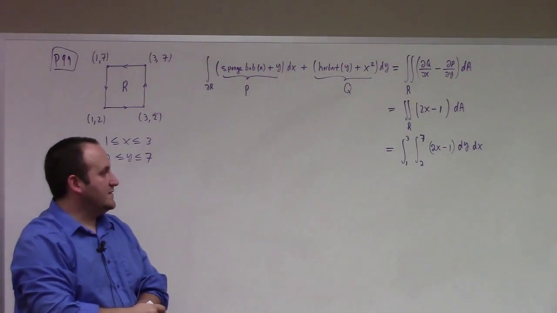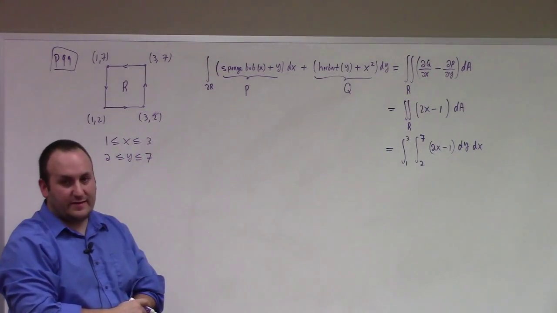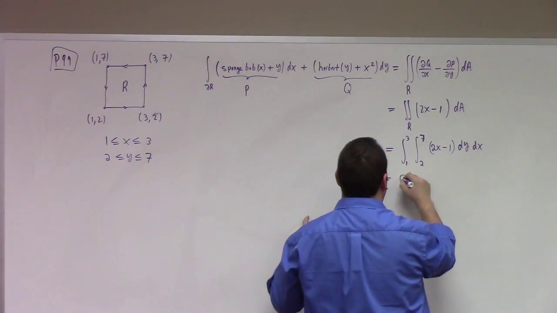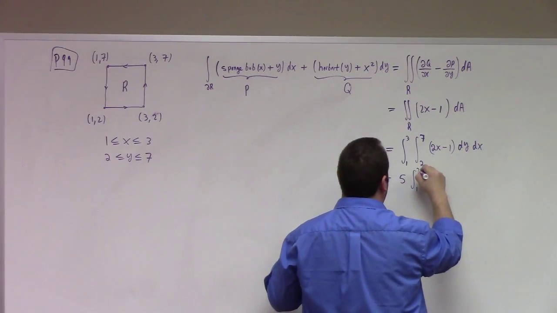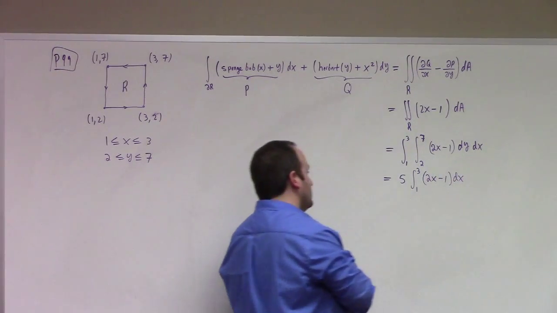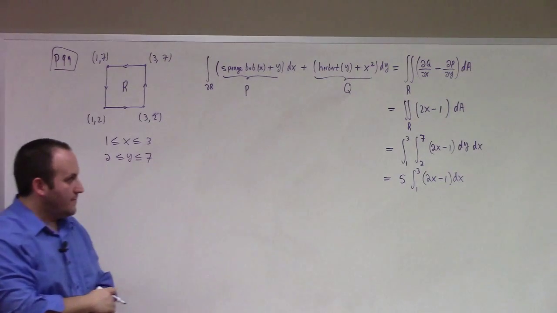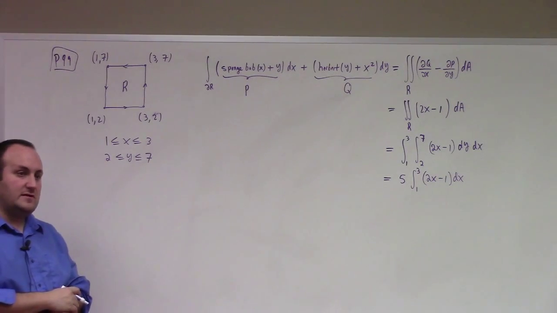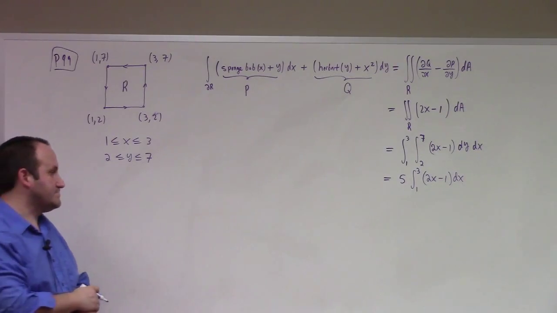So what it amounts to is the first integration is just going to multiply by the length of the integration region. It amounts to multiplying by 5. So I've got 5 times the integral from 1 to 3 of 2x minus 1 dx, because again, dy integrates to y evaluated from 2 to 7. 7 minus 2 is 5.